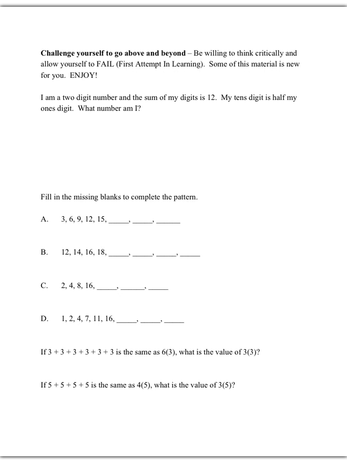Just make sure they have some strategies in place. Like, I'm a 2-digit number for the first problem. Make sure they're thinking about, okay, what does it mean to be a 2-digit number? The sum of my digits is 12.